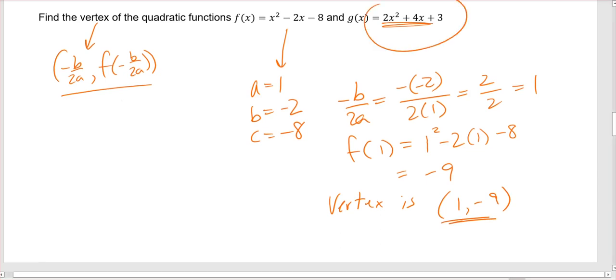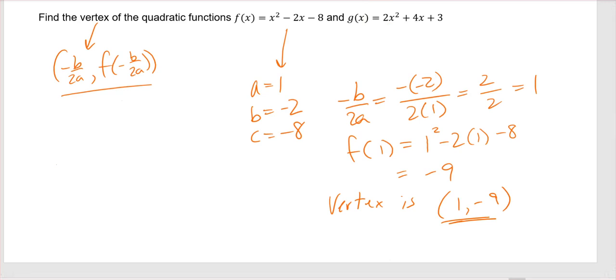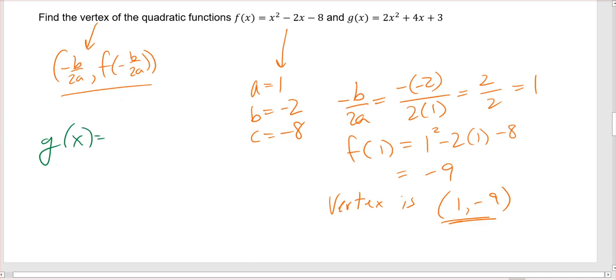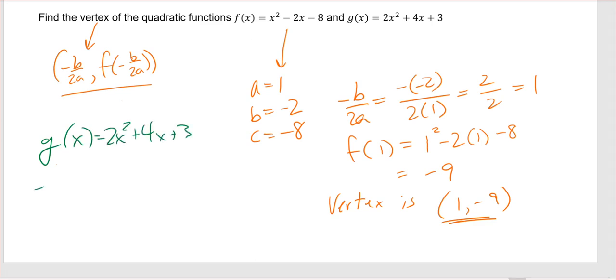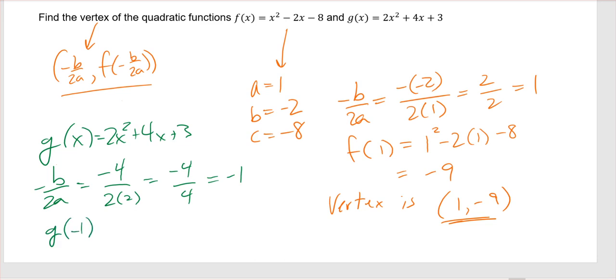We can do the same thing with this guy here, right? All right, let me get a different color for our g. Well, negative b over 2a in this case is going to be negative 4 over 2 times 2, which is negative 4 over 4, negative 1. And then we find g of negative 1.